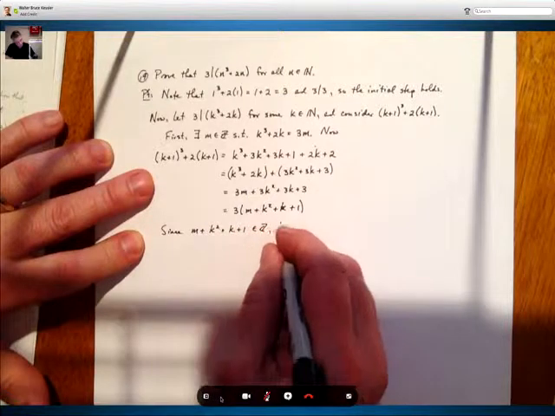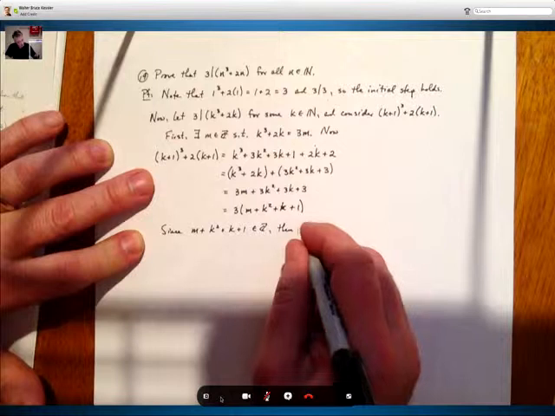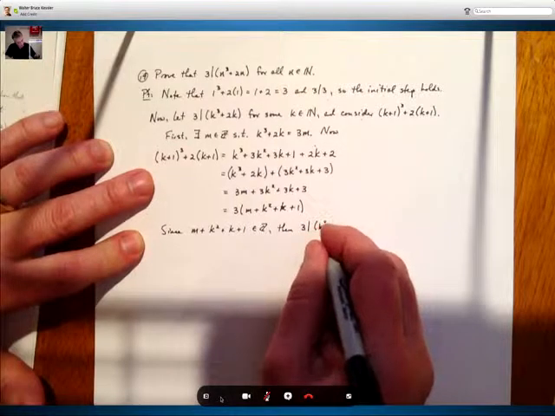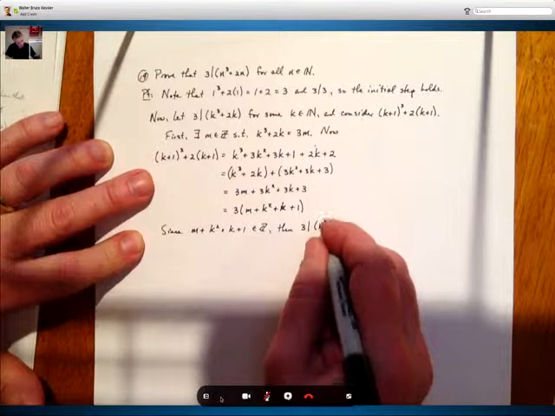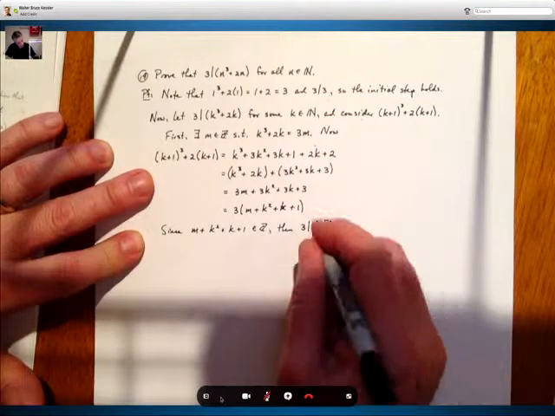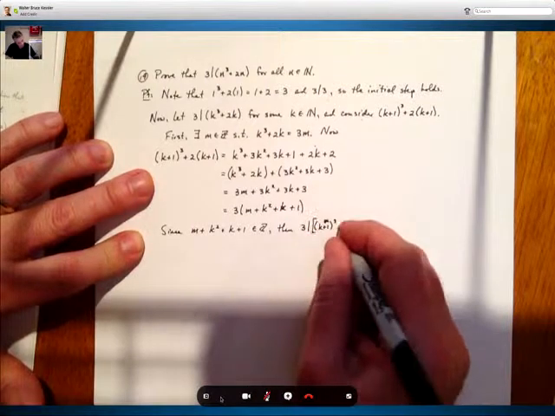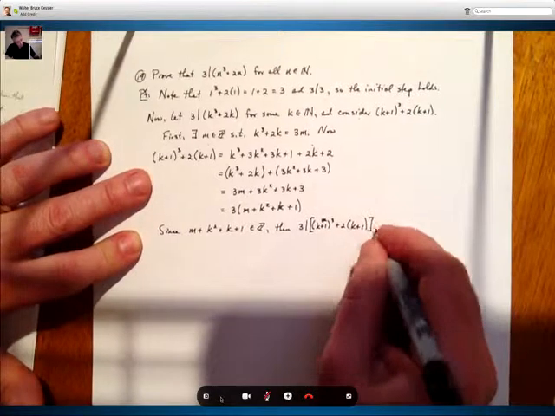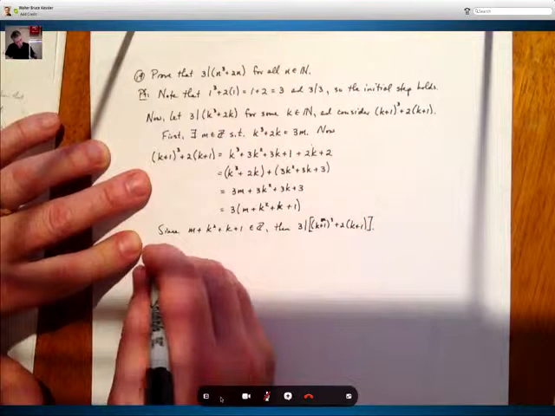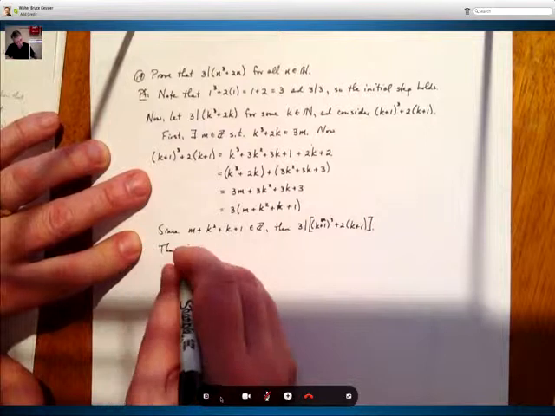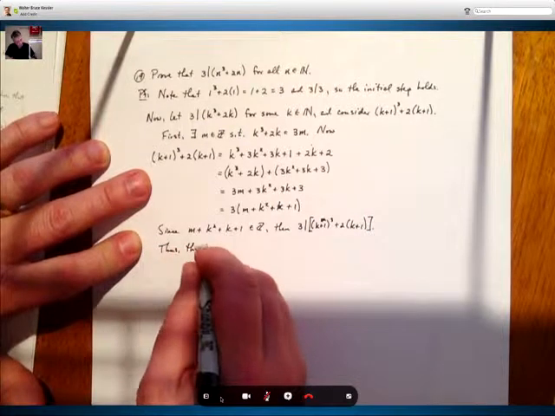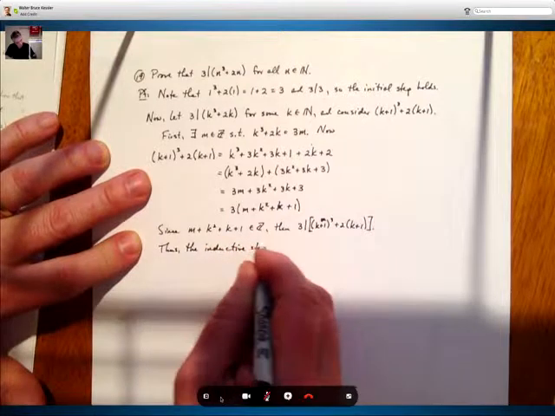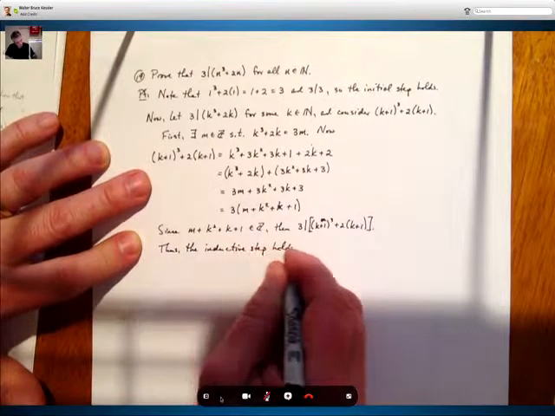Since m plus k squared plus k plus 1 is an integer, then 3 divides k plus 1 cubed plus 2 times k plus 1. Thus, remember our closing sentence here, the inductive step holds.